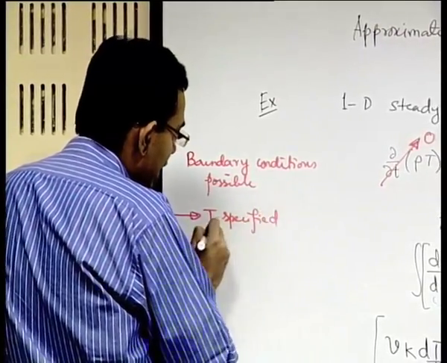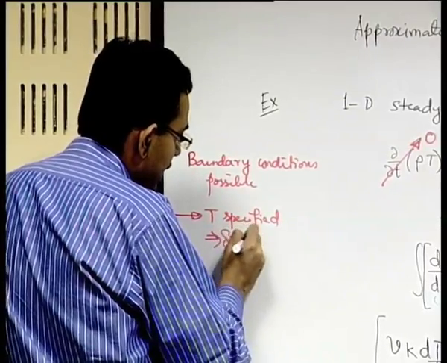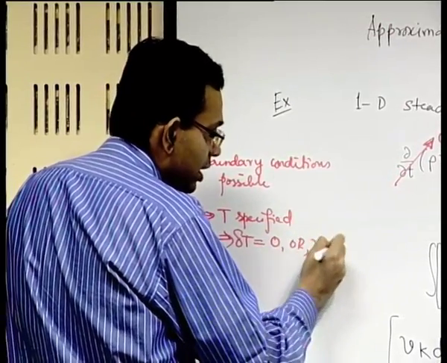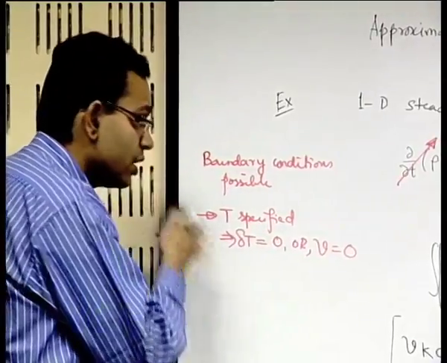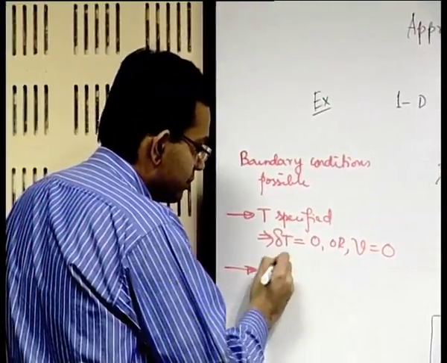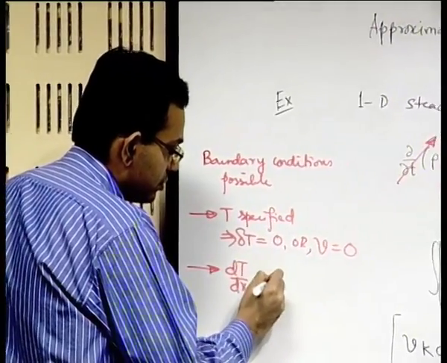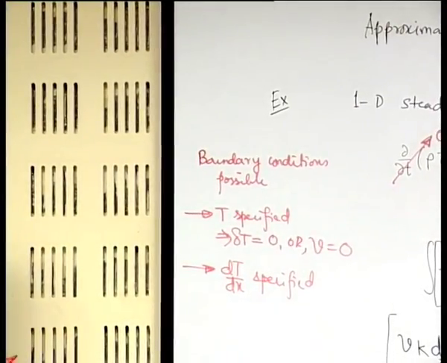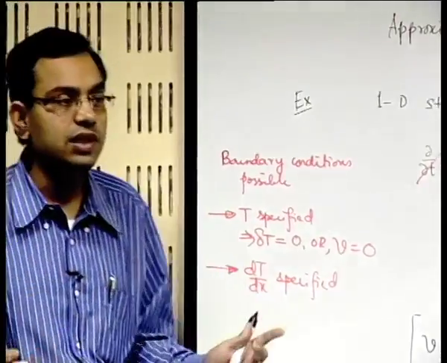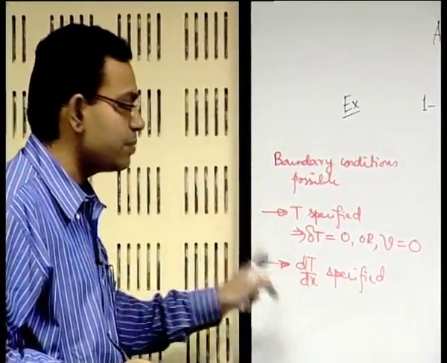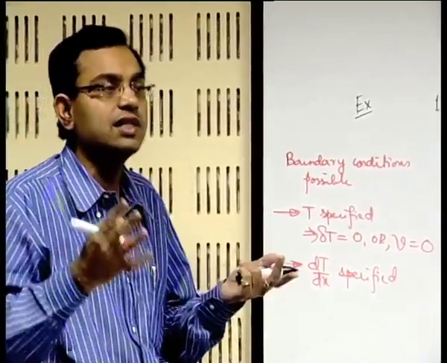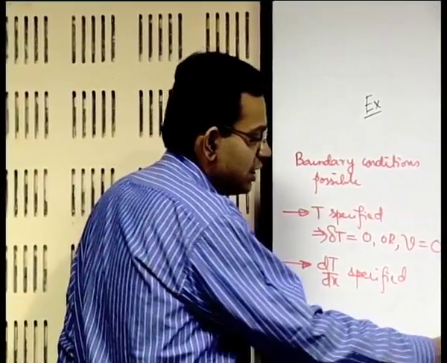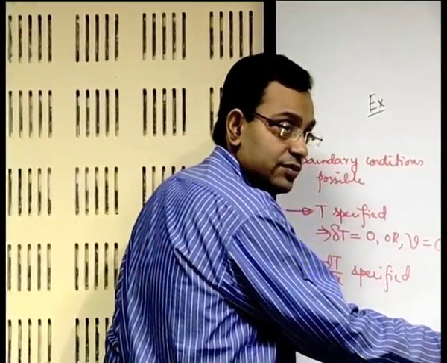If T is specified, that will imply that delta T is equal to 0 or v equal to 0. You could have dT/dx specified, of course not both simultaneously, either T specified or dT/dx specified. Third is a mixed type of boundary condition which is a combination of these. If dT/dx is specified, then you can substitute here.